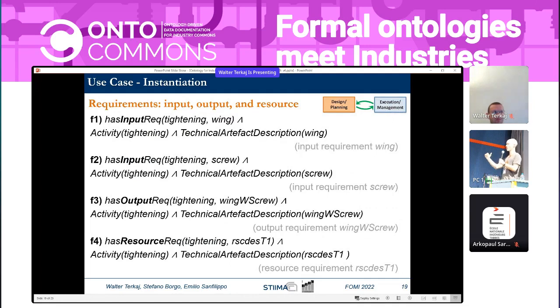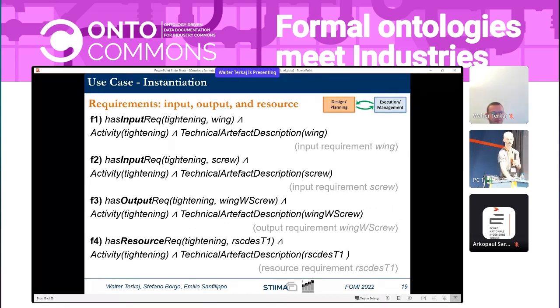Here we don't go into the details. This is a way of formalizing this case using a first-order logic syntax, which is equivalent to OWL, because you can see that we use only very simple modeling elements, binary relationships especially. For instance, this is at the level of the description.